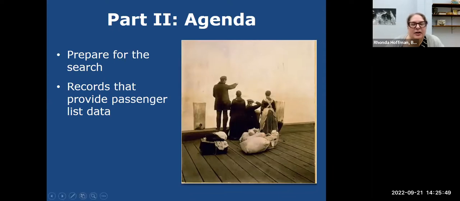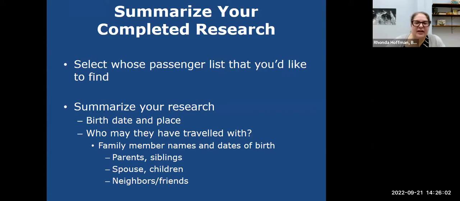Part 2. So now we're going to talk about preparing for your passenger list search and records that provide passenger list data. So pick your ancestor who you want to find their passenger list, and you want to summarize your research about that person.